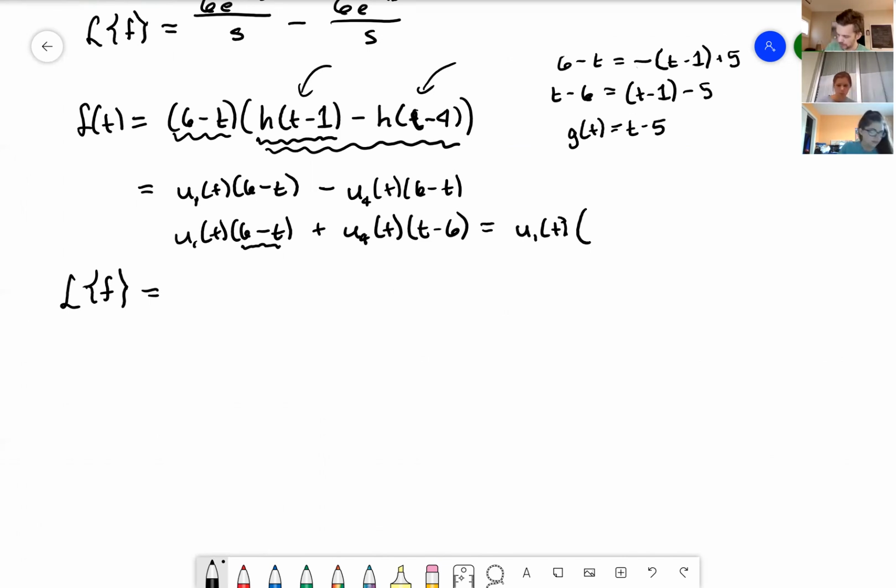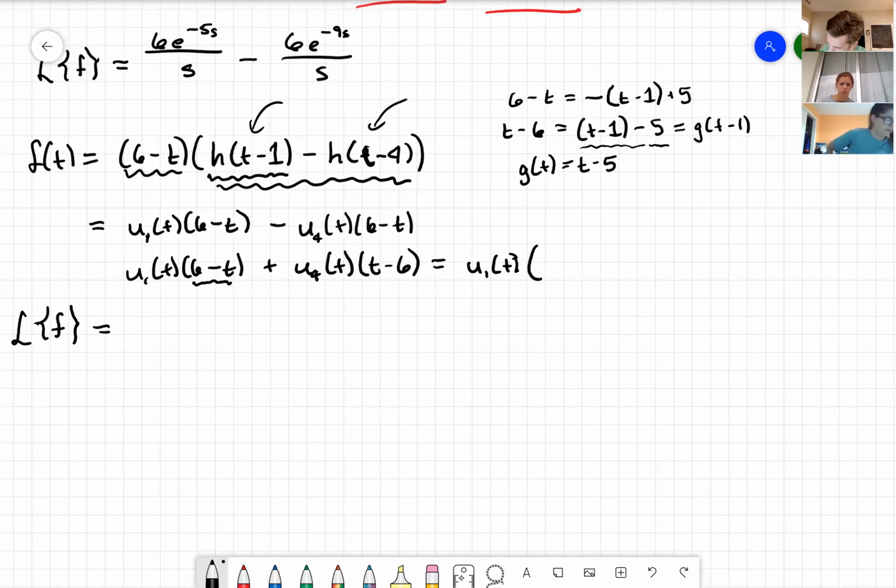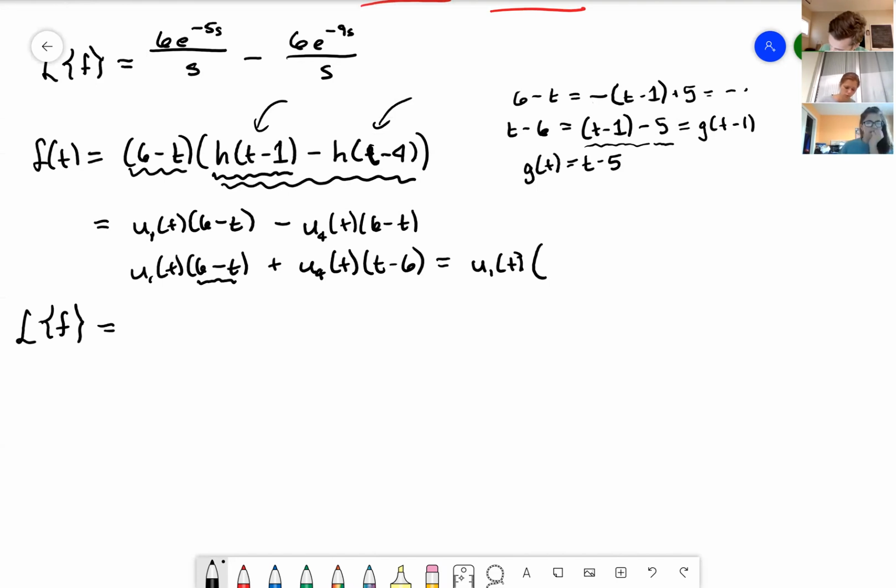So inputting t minus 1 here gives g of t minus 1. And this will actually be negative g of t minus 1. So I'll write it like this: u1 of t, g of t minus 1.